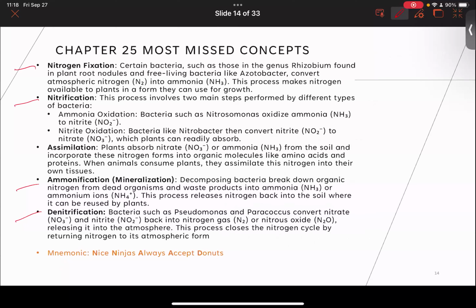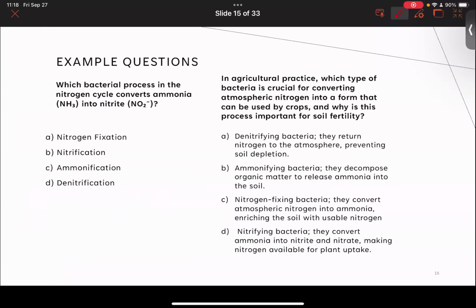It's probably ammonification, I'm assuming. No, ammonia into NO2 would be this one, nitrification. Wow, so see, I would have to look at that. This is not going to be on your test. I was hoping that we would have lectured over it a little more, because I have to lecture over this concept in order to remind myself about how it works. And I didn't lecture over it, and so we're not testing over it. But anyways, there's the answer for that.